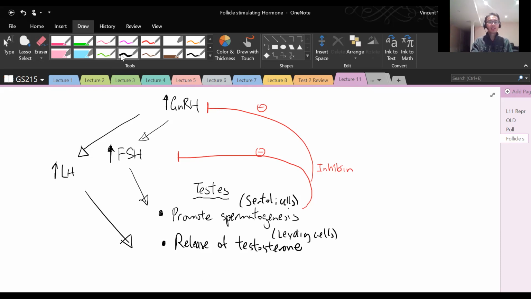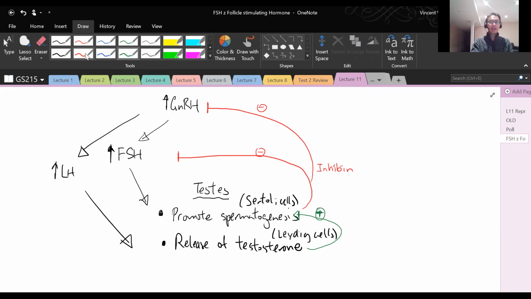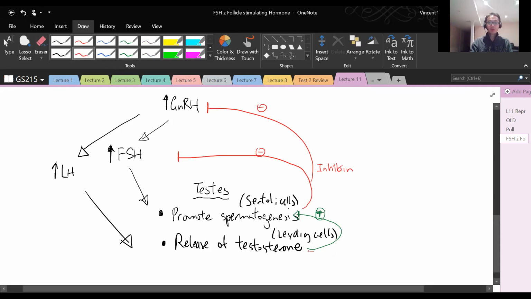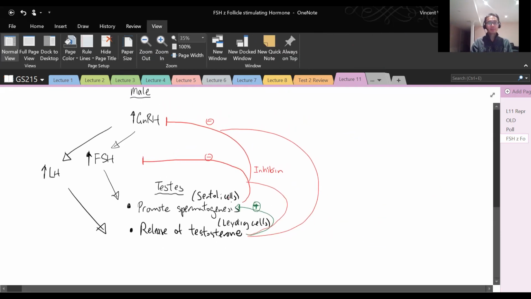What this does is the testosterone will help reinforce the spermatogenesis, and at the same time, it will also go back and inhibit. So we join these loops and it will inhibit the GnRH and the FSH. So that's basically it.